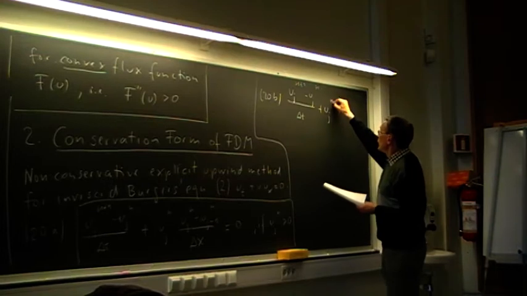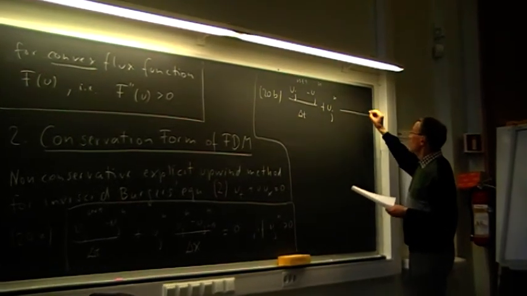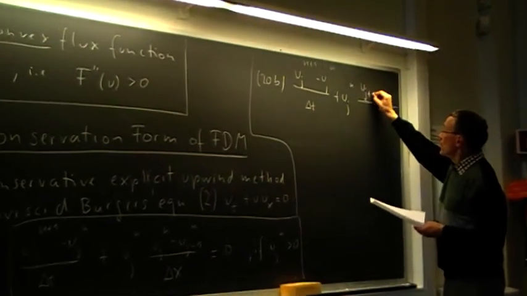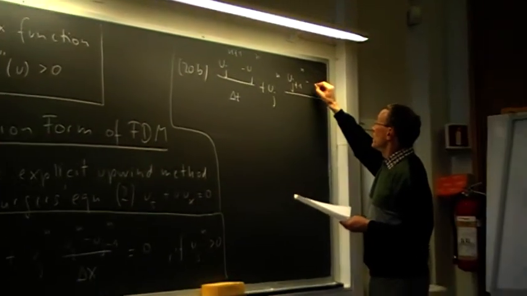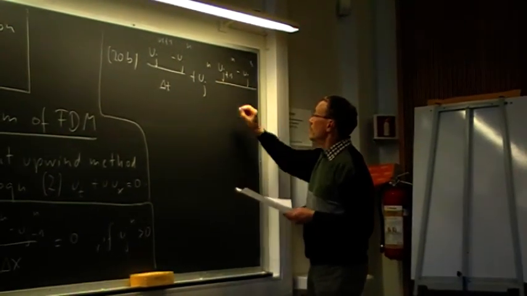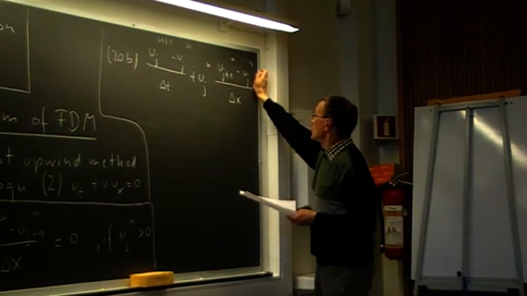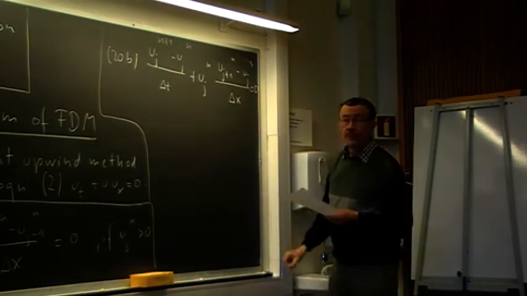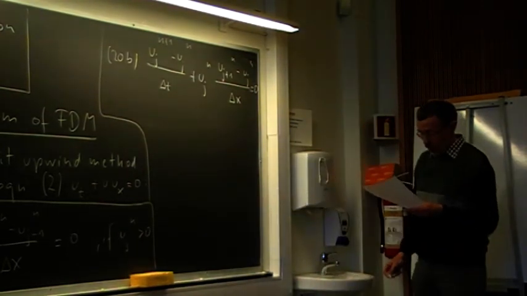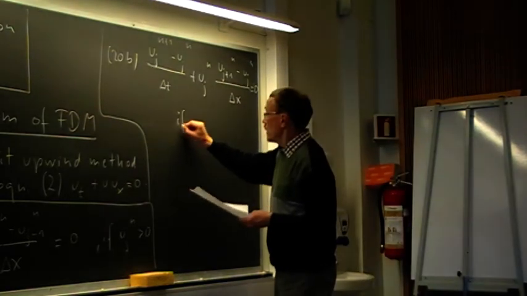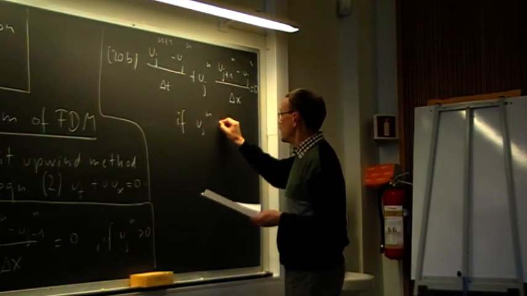And now, if u_j^n is negative, we take here u_{j+1}^n minus u_j^n divided by delta x, and that is equal to 0. That is the case if u_j^n is negative.